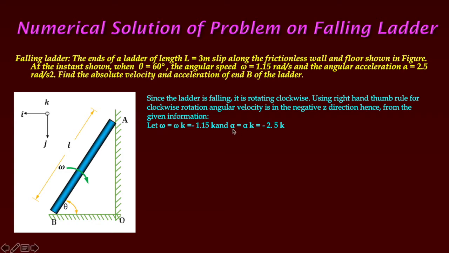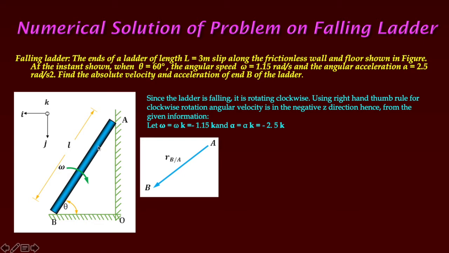Likewise, the angular acceleration of the ladder is alpha equals alpha k, and for that instant when theta equals 60 degrees, the value of alpha given is 2.5 radian per second squared. Now we have to find the absolute velocity and acceleration of point B of the ladder.